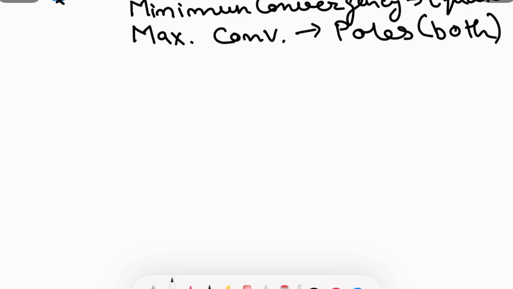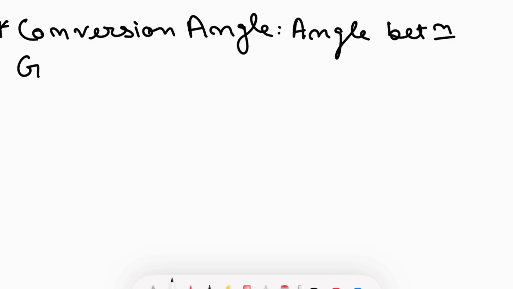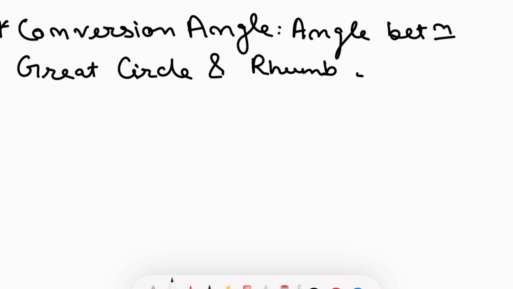Now, the next topic is going to be conversion angle. So, by definition, conversion angle is the angle between great circle and rhumb line.